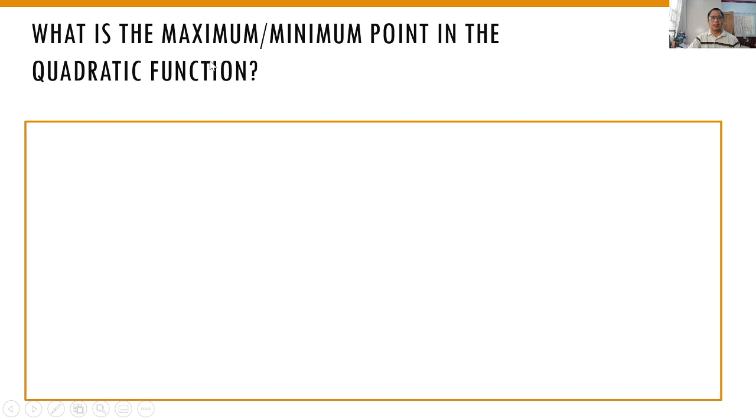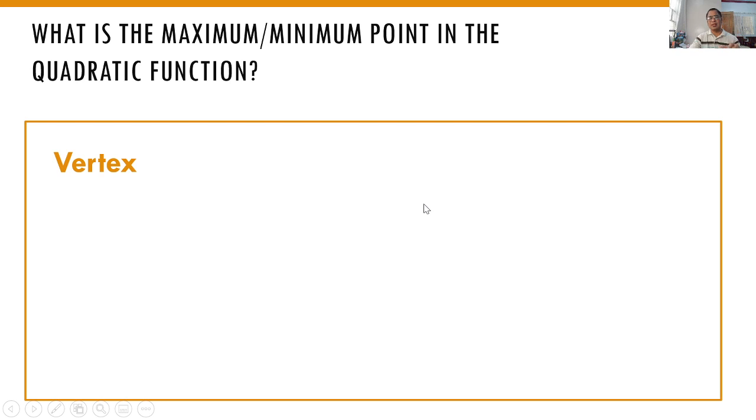Balikan lang po muna natin what is the maximum or the minimum point in the quadratic function. If you can still recall, we have here now several videos na nagdidetalye kung ano yung mga kailangan natin sa quadratic function. And ang sagot po natin dyan will be the vertex.